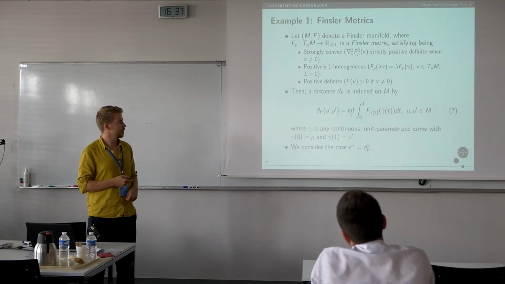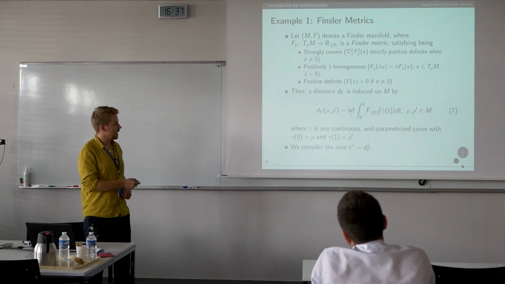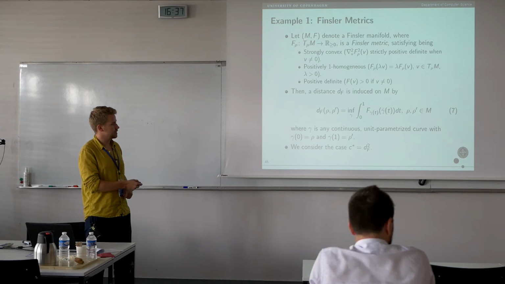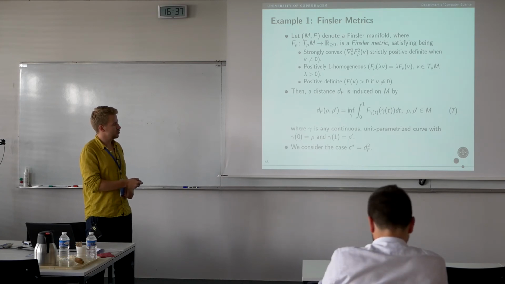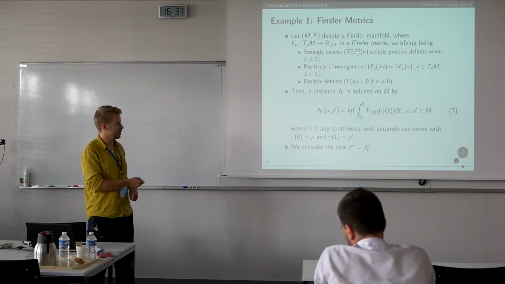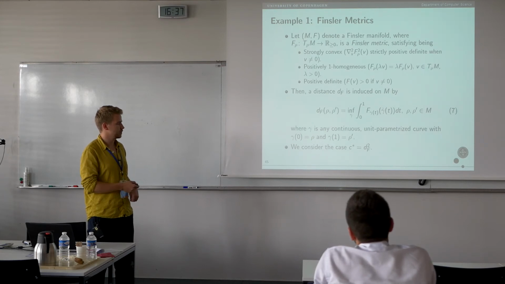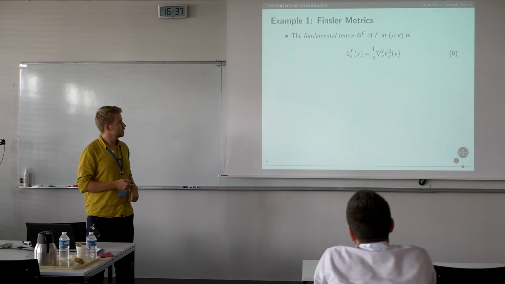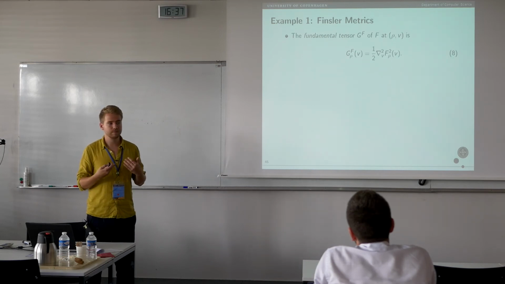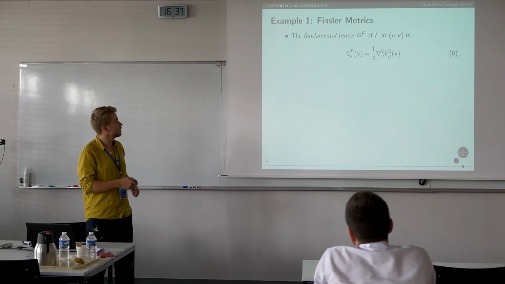Then this metric induces a distance on the manifold that is given by this expression, which you minimize with respect to a curve gamma that has to be continuous and connects rho and rho prime together. Now, if we want to look for the natural gradient in this Finsler case, we again have to compute the local Hessian first.